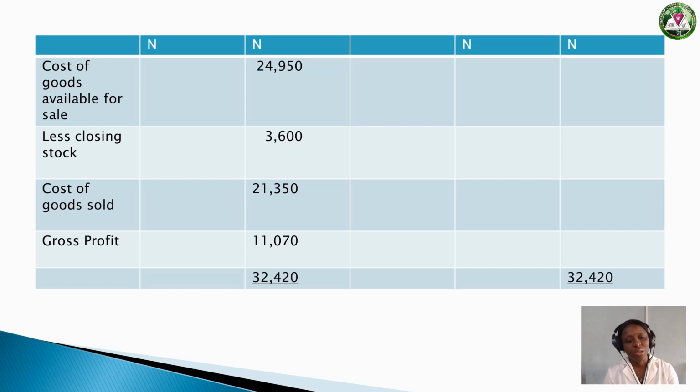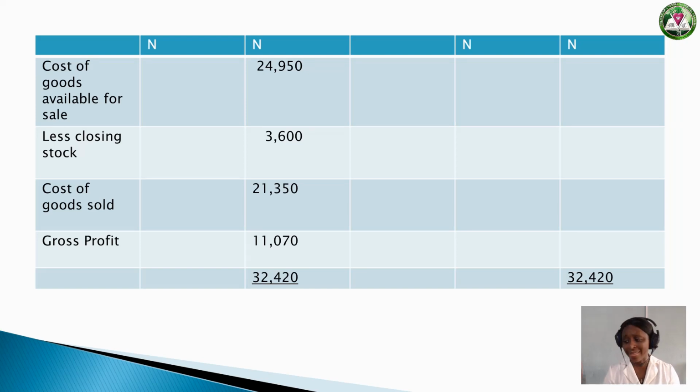Some are saying we are going to less it, some are saying we are going to add it. How are we going to add it? The goods that we could not sell, unsold goods, we are going to less them now. They are still there in your warehouse, they are still there in your store. So why will you add it? You did not sell them. So we are not going to add them, we are going to less them.